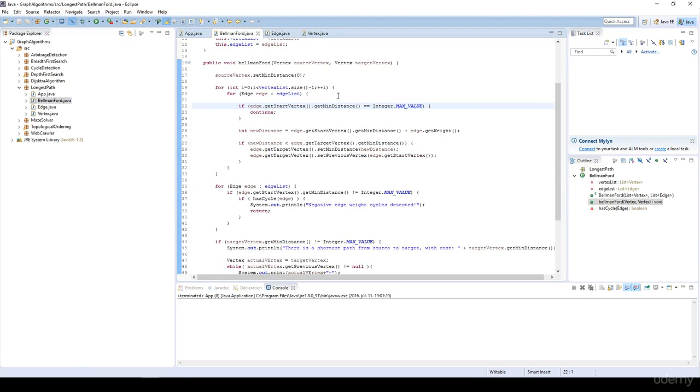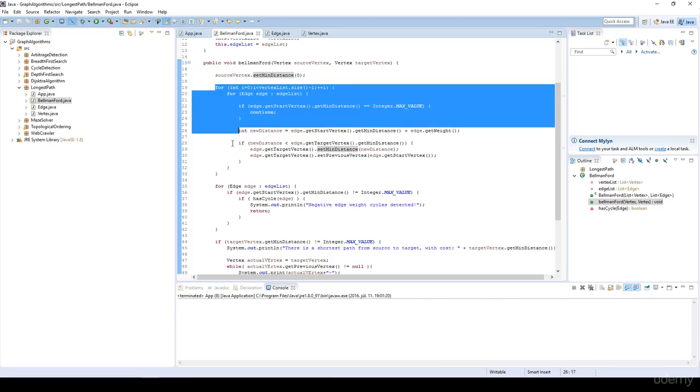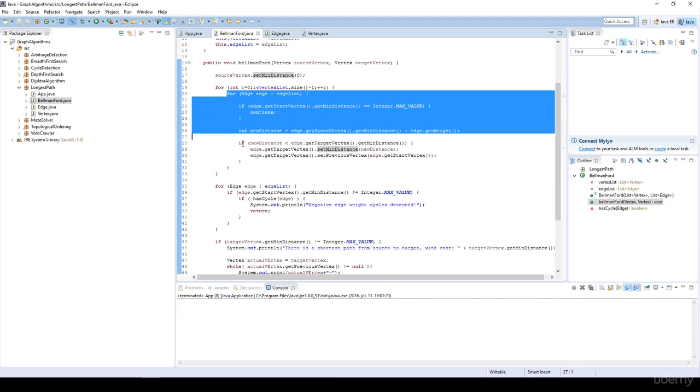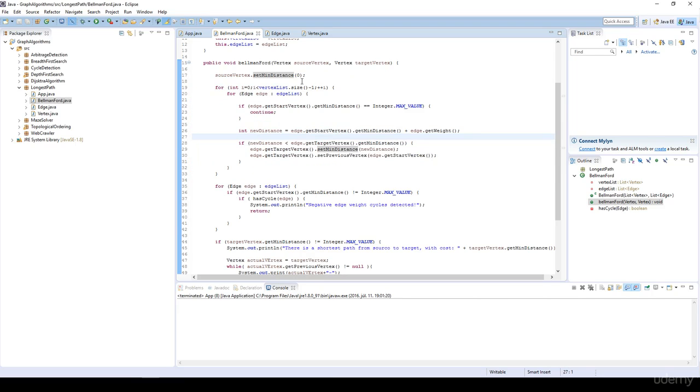The Bellman-Ford algorithm is the same. We have to set the source vertex distance to be 0, this is how we initialize it. Then we have to make v-1 iterations. Basically, we relax all the edges, so that's why we iterate through all the edges v-1 times, where the v denotes the vertex list size, so the number of vertices in the graph. And of course it is very similar to what we have seen for Dijkstra algorithm.